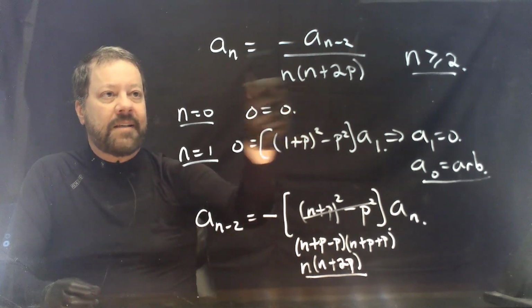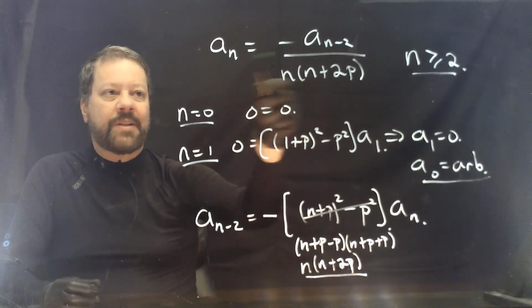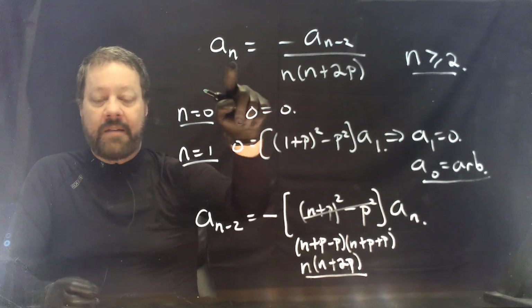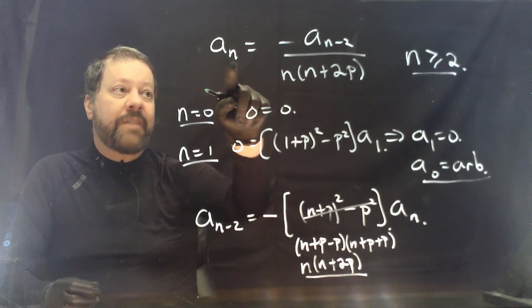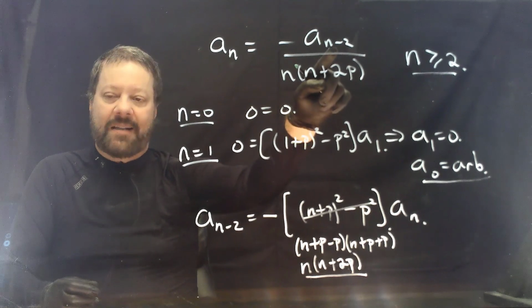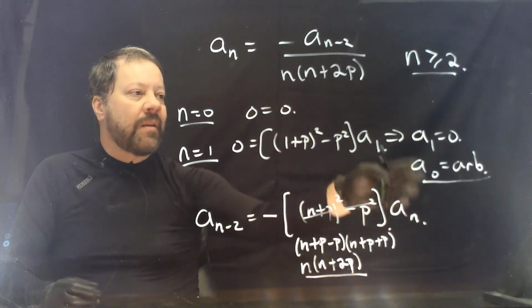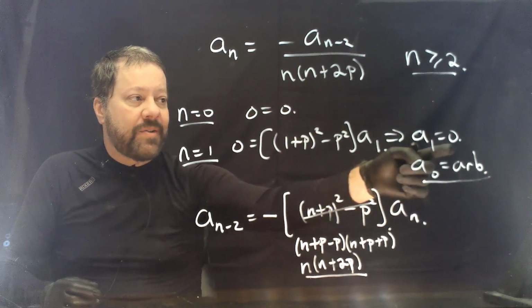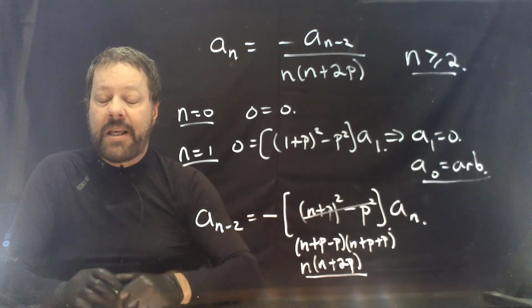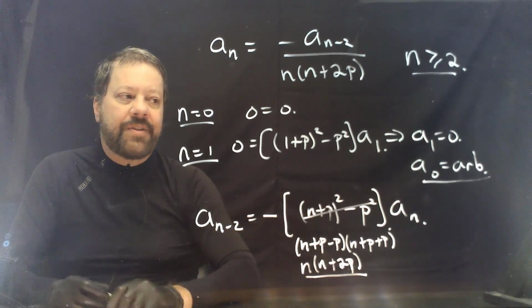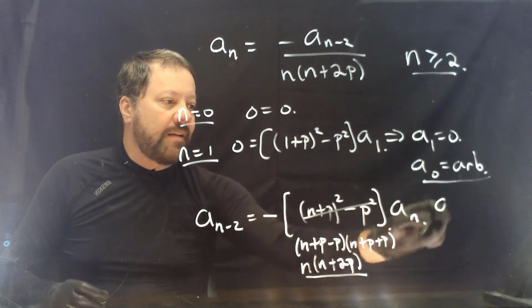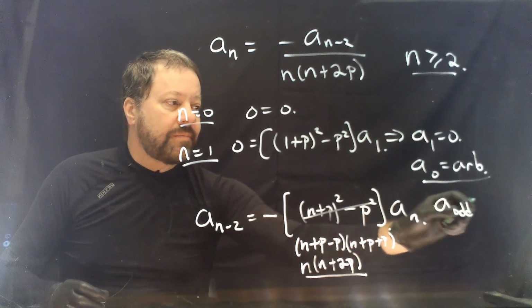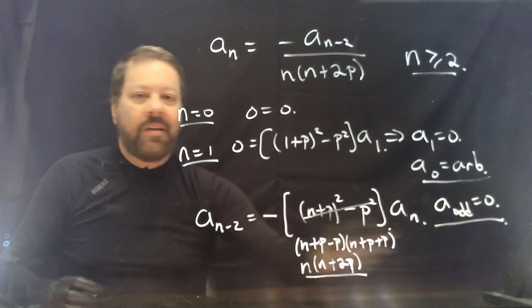All other coefficients will be determined by the recurrence relation. Since this gives you a kind of every other one principle, a coefficient is determined not by the previous one, but by 2 back in the sequence. And since a1 is 0, that implies a3 is 0 and a5 is 0. A sub odd will be 0.